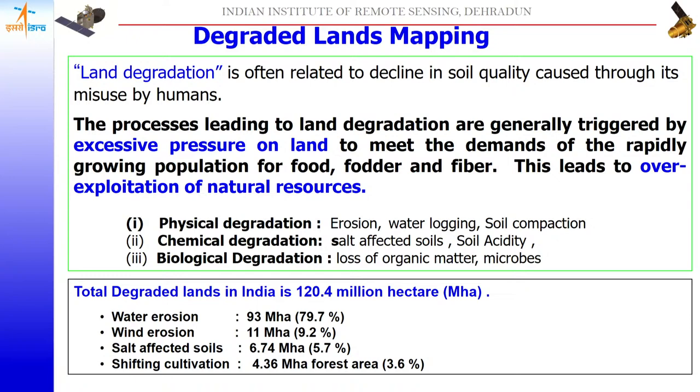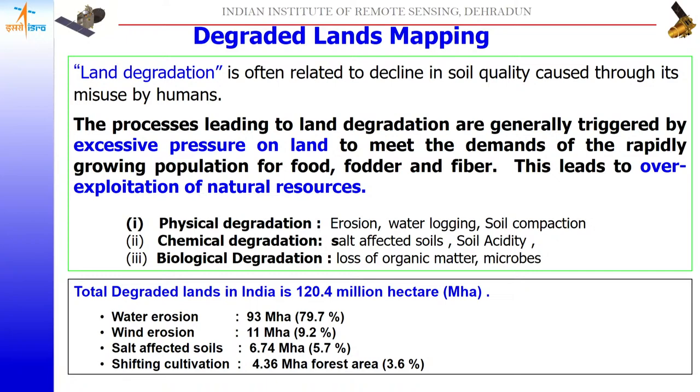Erosion is the major cause of land degradation, not only in our country but in the entire world, and water erosion is the prominent one. 93 million hectare of our land is affected by water erosion. You can say 79.7 or 80% of land is affected by water erosion, 10% by wind erosion, and 5.7% is salt affected soils of the country.